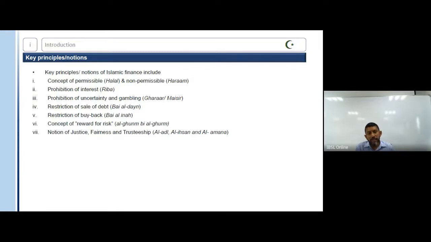So what we have covered is the meaning of these principles and their implication for banks. The implication for banks is that certain industries are treated as a negative list in the credit policy. We don't lend to those industries, right? So they are treated as restrictive.